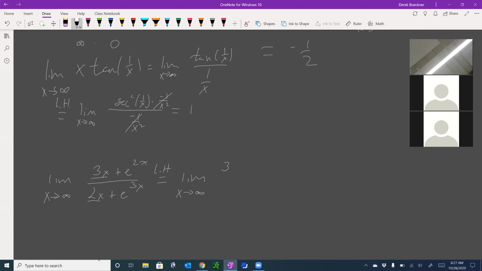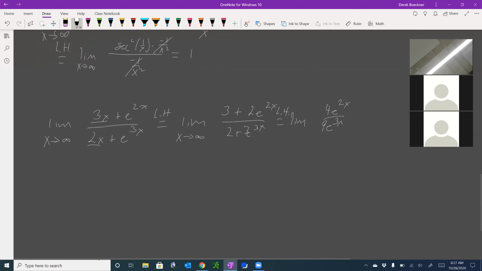So I'll get just 3 plus 2e to the 2x, and I'll have 2 plus 3e to the 3x. We'll do it one more time. I'll have 4e to the 2x over 9e to the 3x.